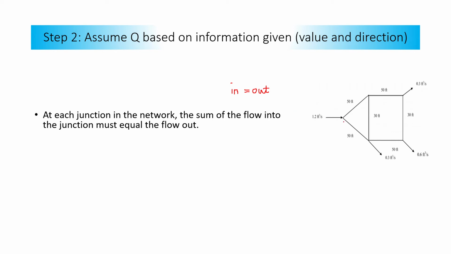If you call this junction 1, what is entering junction 1 must equal what is coming out from junction 1. In this case, 1.2 must equal the flow in pipe A plus the flow in pipe B, because I labelled this pipe as A and this pipe as B.